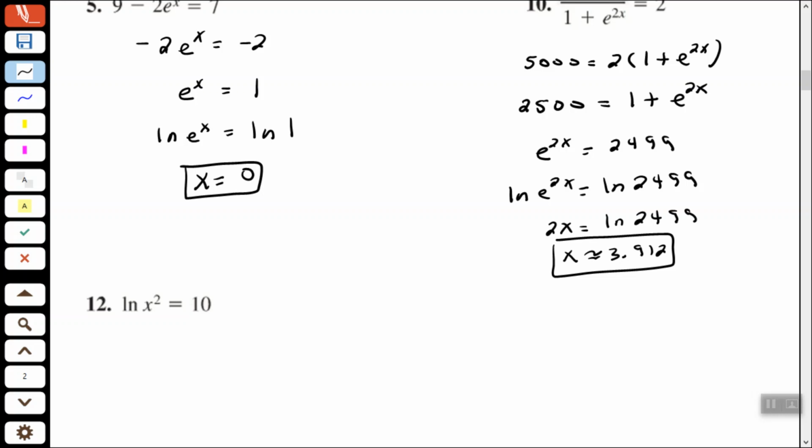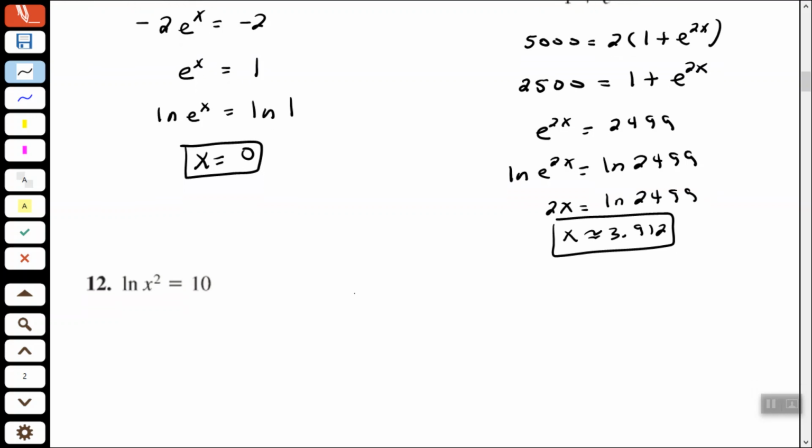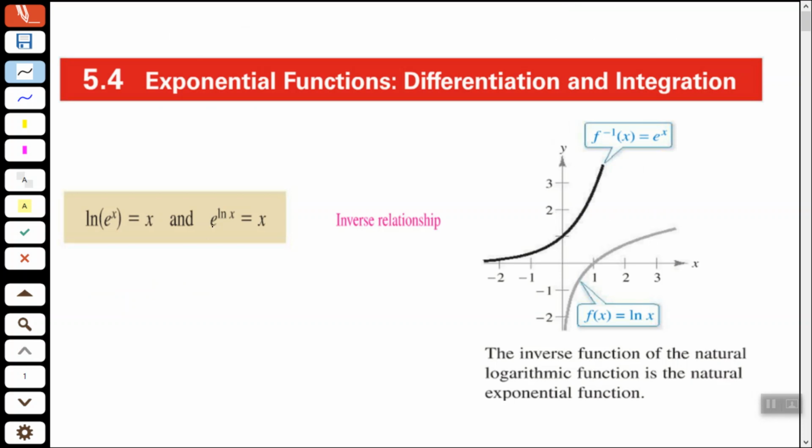All right, let's look at the natural log of x squared equals 10. Now here, to get rid of the natural log, we want to bring in the e, and we would move that natural log of x squared into the exponential location, because before, remember that e to the natural log of x here equals x.